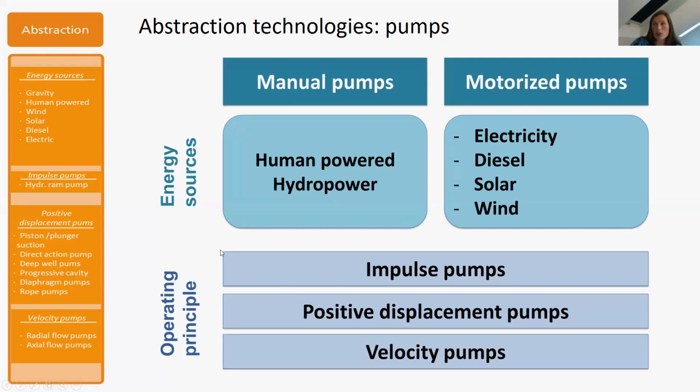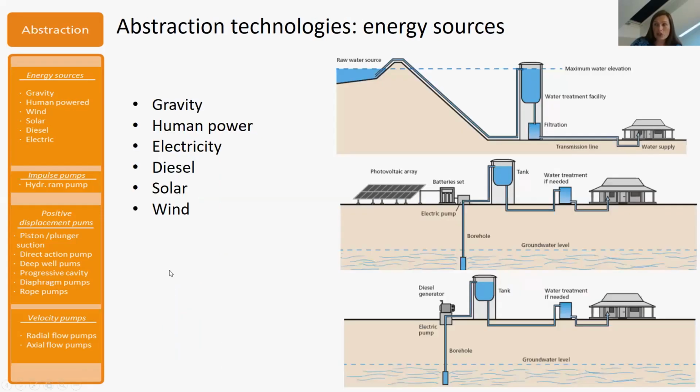We can also structure the pumps by different operational principles. There are impulse pumps and positive displacement pumps, which you might know more from a hand pump, the way it functions. But it can also be operated mechanically with motorized pumping, or there are so-called velocity pumps. In the compendium, we also have an overview of the different pumping systems, as well as the advantages and disadvantages of each of them, and the different energy sources which can be used for pumping.